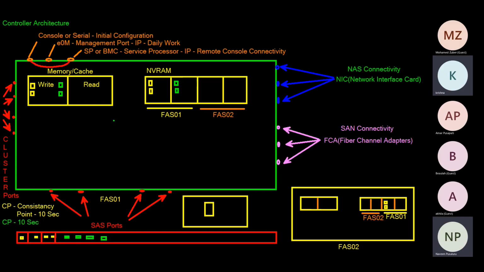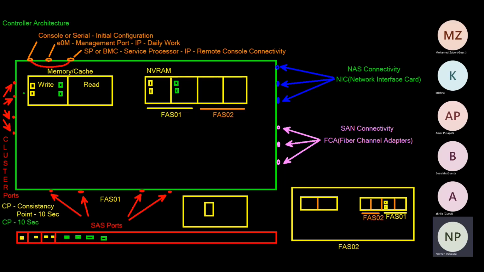So whatever data is written to your logical partition will not be written directly. For example, if I copy some data, it will not immediately go to the disks. Whatever data you write will initially be saved in the memory and NVRAM only.